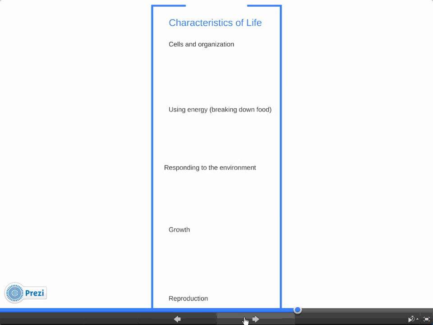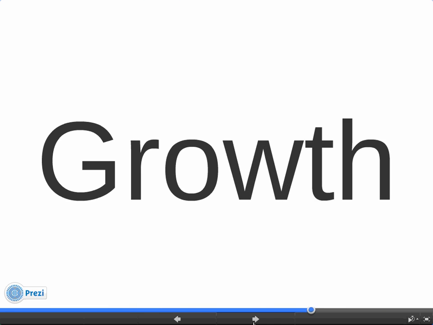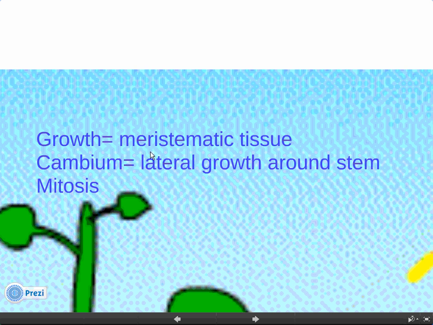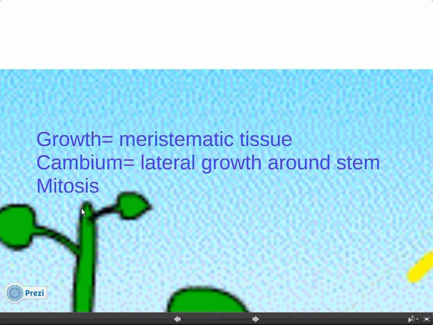The next characteristic is growing. There's a special tissue called meristematic tissue. You find this typically right here at the very top of the plant or at the very bottom of the roots. And the meristematic tissue does mitosis, and when it's doing mitosis, that's making new cells and that's allowing the plant to grow.